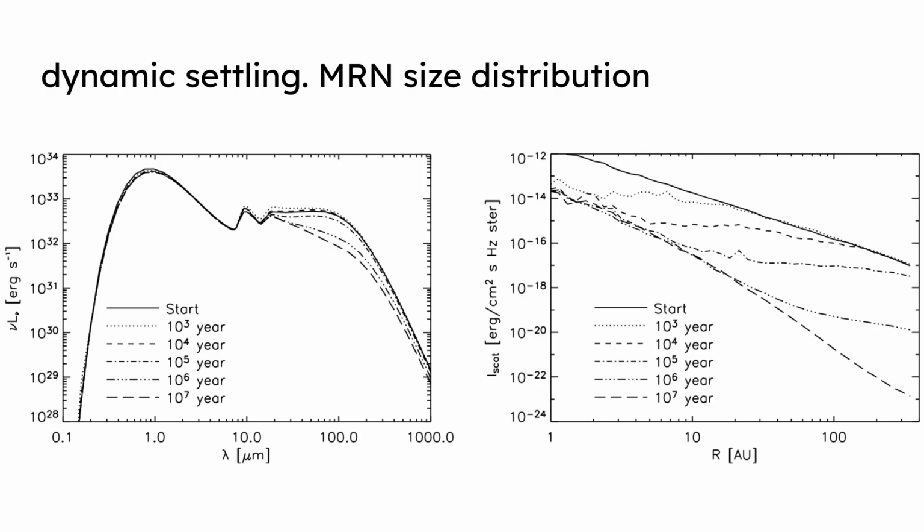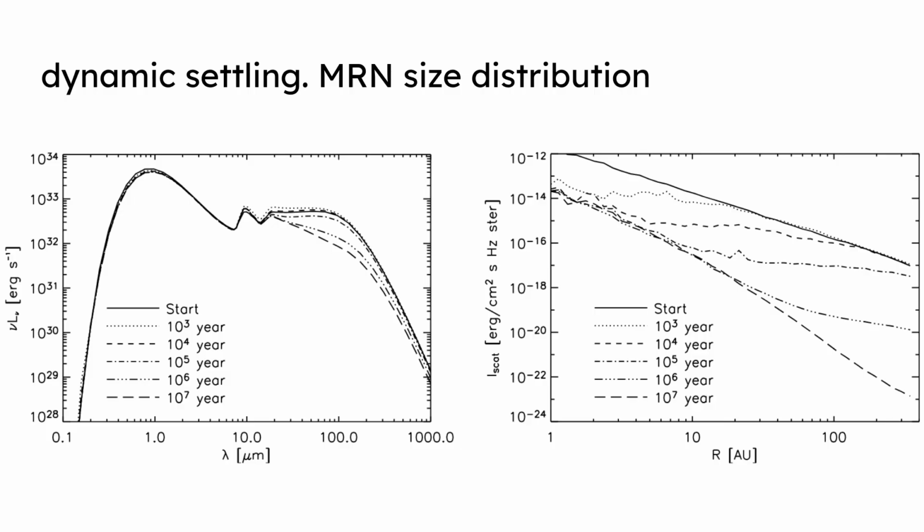Yes. So it's because in addition to large grains settling, smaller dust closer to the star has not settled as much.